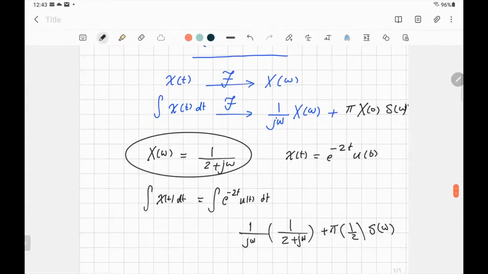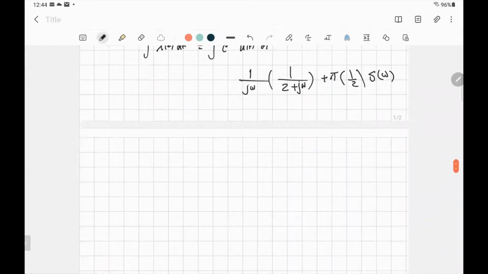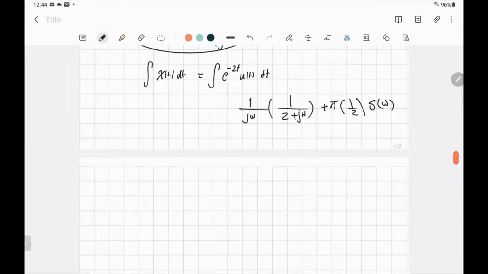Of course, if you like, you can simplify it more. Let me work it out and give you the final answer, because when you have this test, I'm not going to leave it like that. I'm going to simplify it and put the final answer. So multiply 1 times 1 is equal to 1. j omega times 2 is equal to j2 omega, minus j times j is equal to minus 1, omega squared, plus pi over 2 delta of omega.